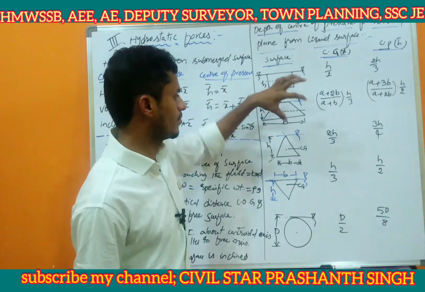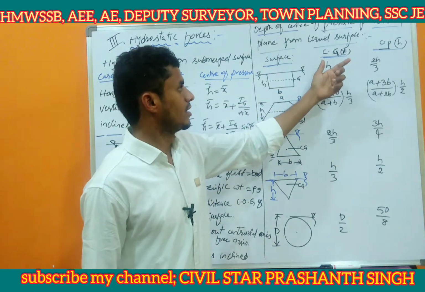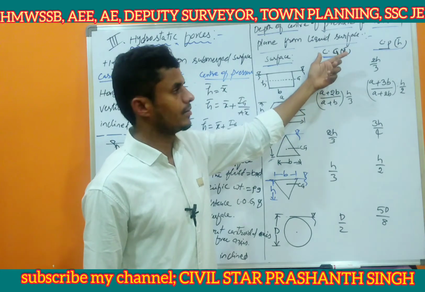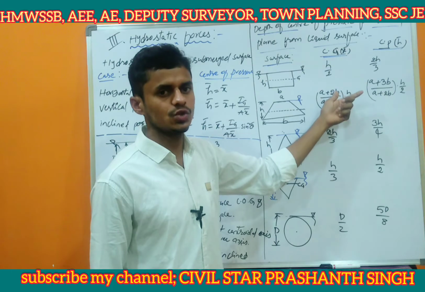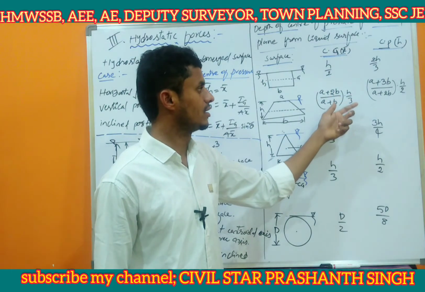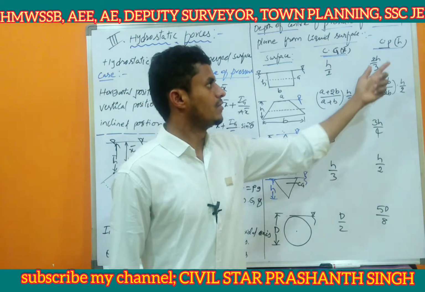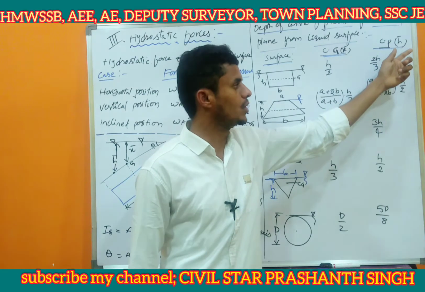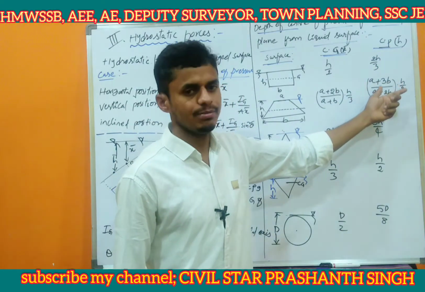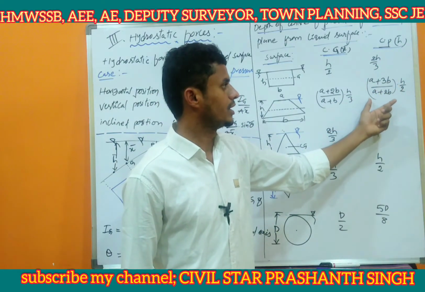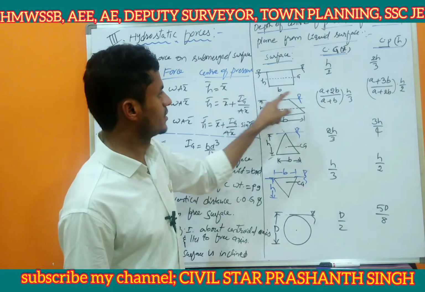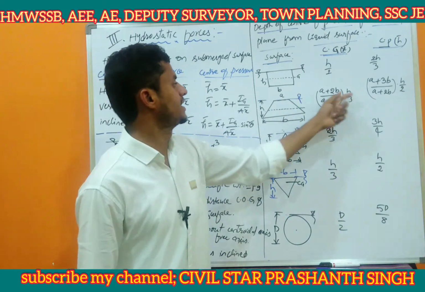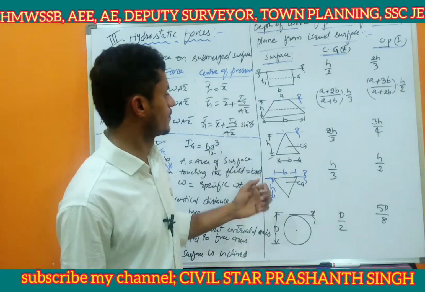Top width is A, bottom width is B. Center of gravity x bar equal to A plus 2B by A plus B into H by 3. For the center of pressure, H bar equal to A plus 3B by A plus 2B into H by 2. Here A is the top width, B is the bottom width, and H is the height of the trapezium.